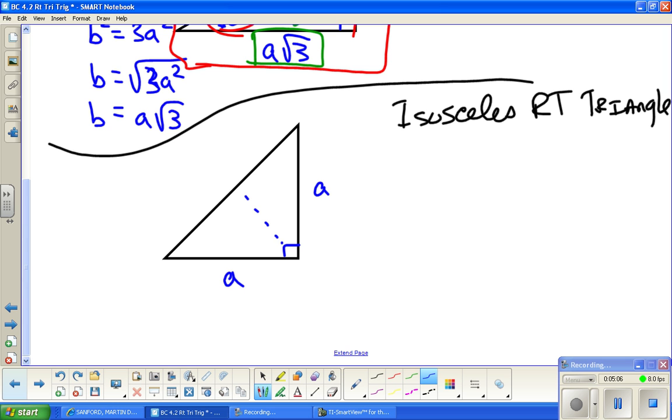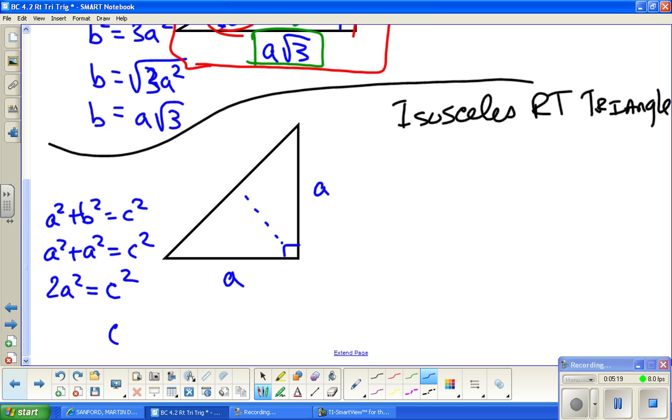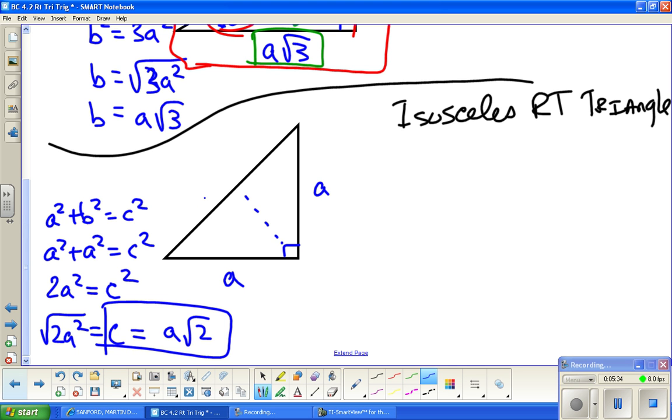Let's do a little Pythagorean theorem here. A squared plus b squared equals c squared. Since the legs are the same, and I'm not spending a lot of time on this because this is really geometry, and it was reviewed also in Algebra 2, and here I am reviewing it again. The square root of 2 I can't do without making a mess. The square root of a squared will be a, and so this is a root 2.